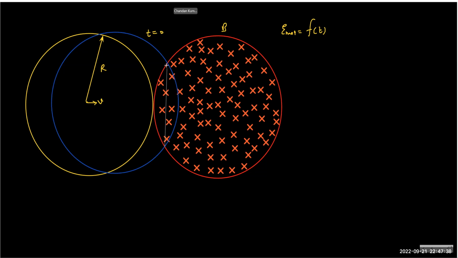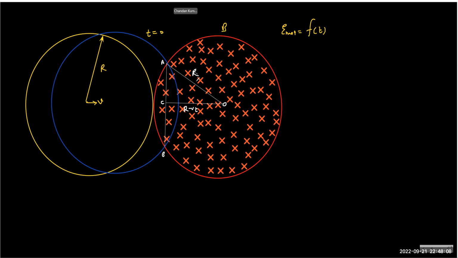I just want this length. And I know this length R. I know this is R minus vt. So how to find this one? Pretty simple, no? So what is AC? Use Pythagoras.